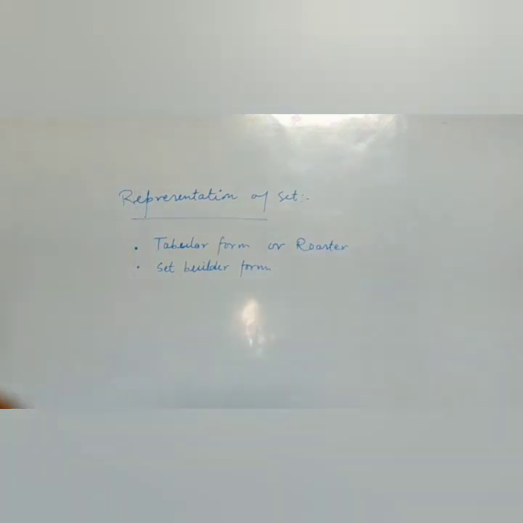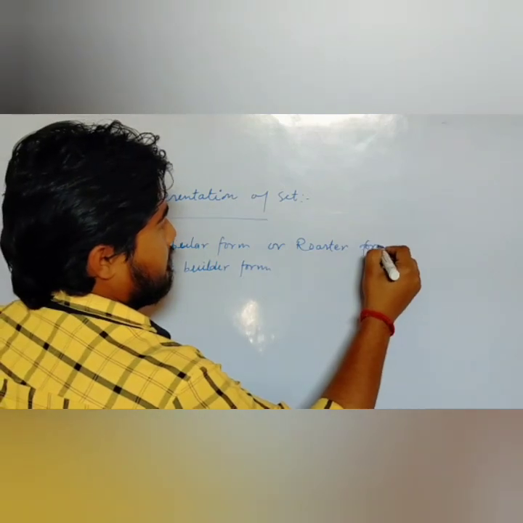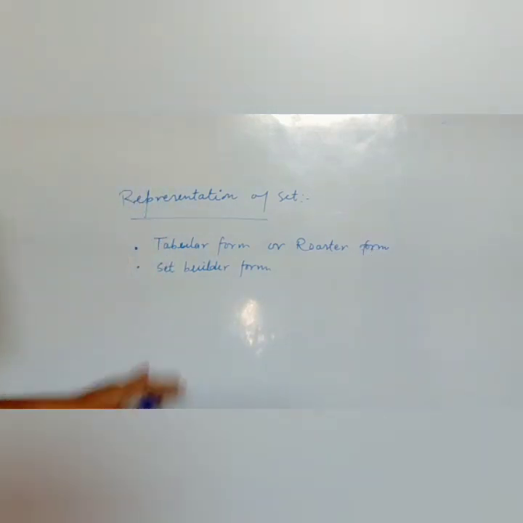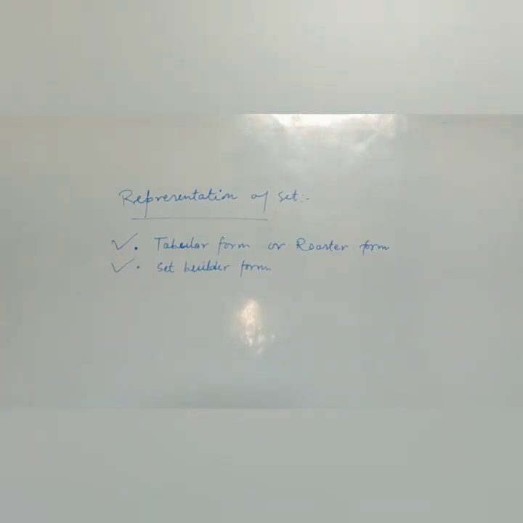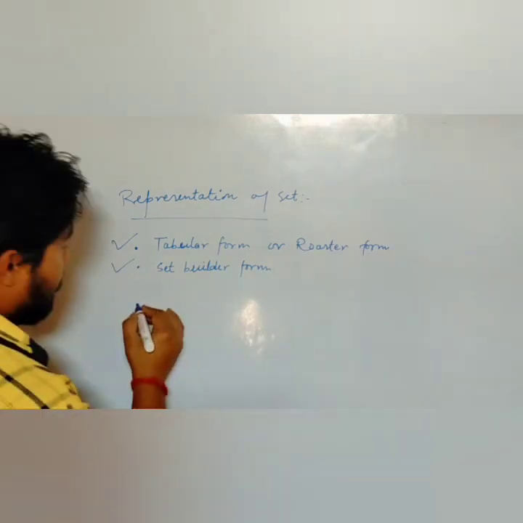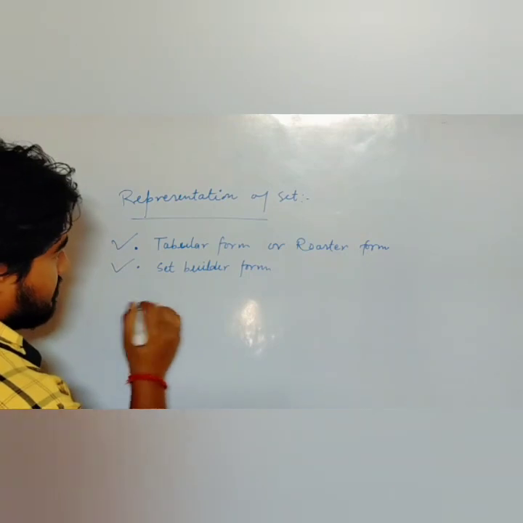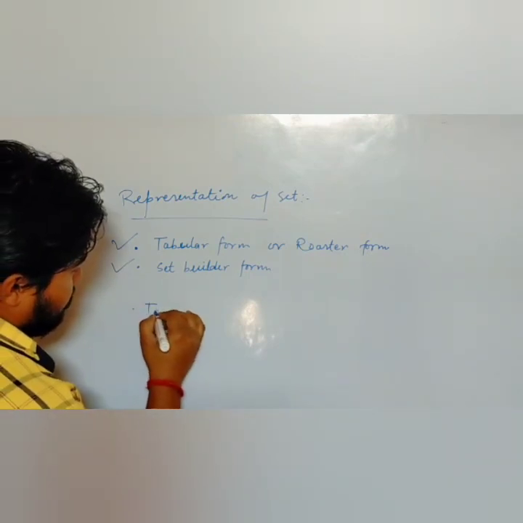Tabular form, or roster form, is the same thing. These are the two types of representation of a set. First, the tabular form.